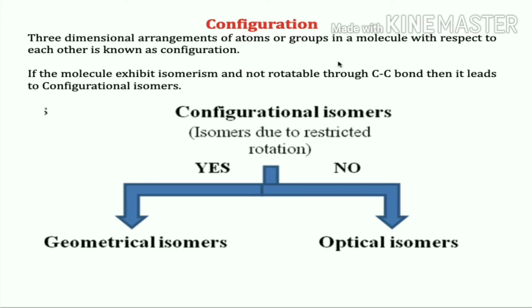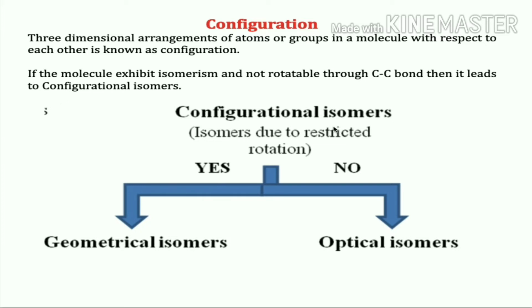As we already know, isomers have the same molecular formula. If it is rotatable by the C-C bond, then it is a conformational isomer. If it is not rotatable by the C-C bond, then it leads to the formation of configurational isomers.